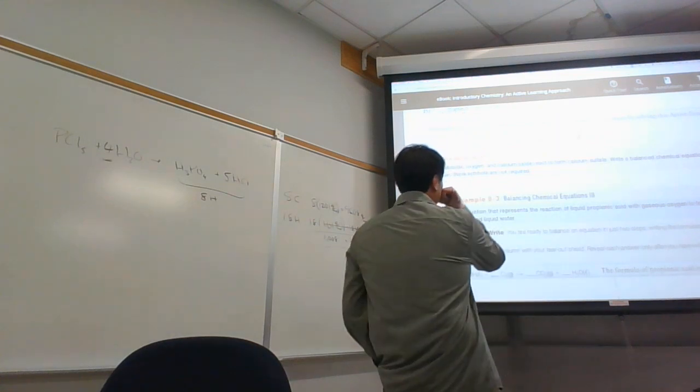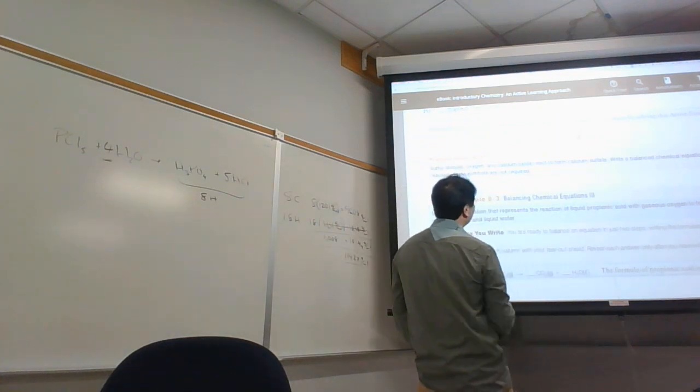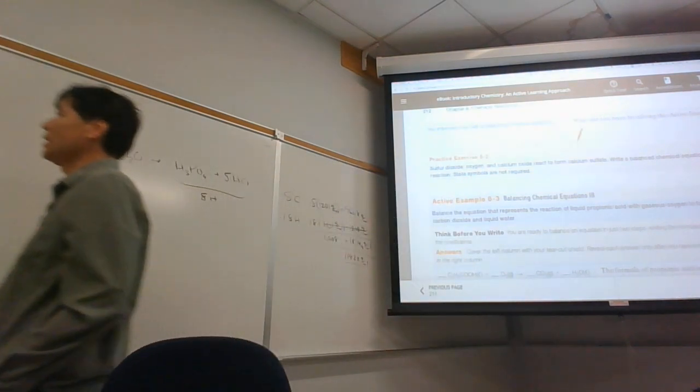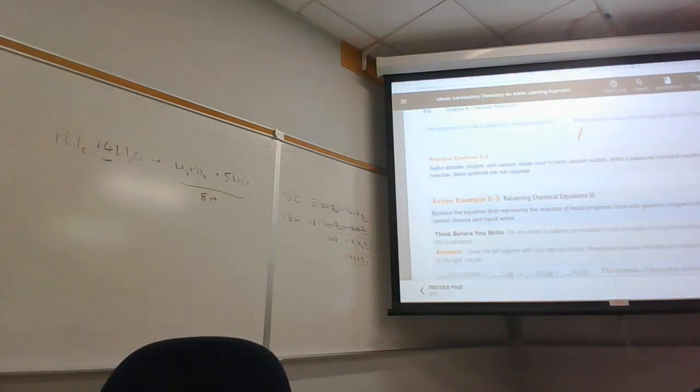All right, sulfur dioxide, oxygen, and calcium oxide react to form calcium sulfate. So let's try that. Sulfur dioxide, what's the formula for sulfur dioxide? SO2 plus O2 plus calcium oxide.